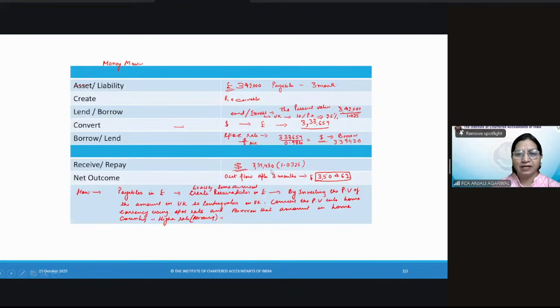So after exactly 4 months, you will have this much inflow, no matter what is the price of your euros. Whatever you have taken as a loan, you will receive the euros from the French customer, and you will exactly pay the same amount to the person from whom you have borrowed in France.